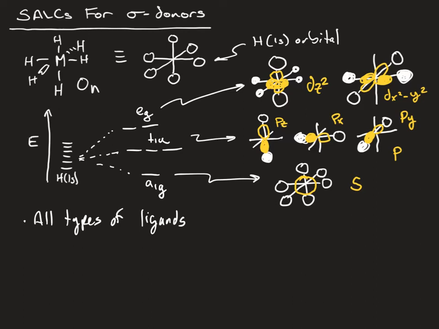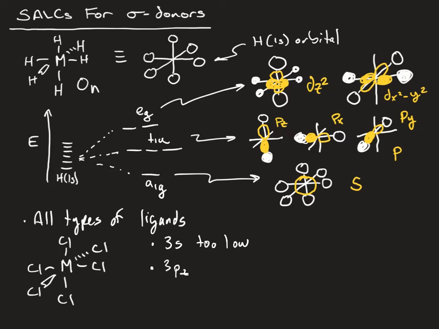So for example, if we had some metal center that was surrounded by 6 chloride ligands, these will also form SALCs that will split into EG, T1U, and A1G type symmetry. The 3s orbitals are too low in energy to bond, so instead it's the 3pz orbitals that will bond to the metal center.